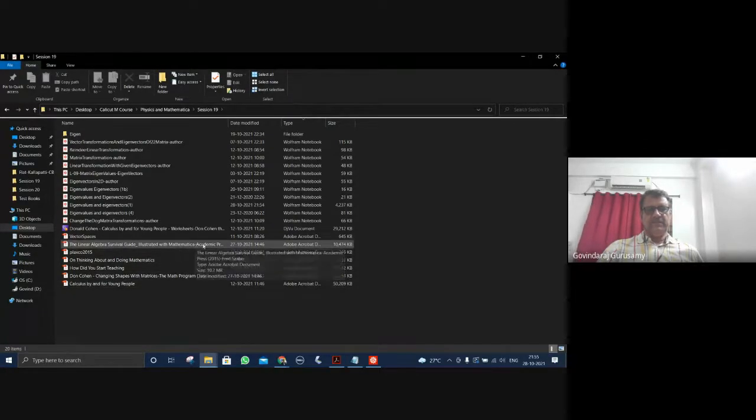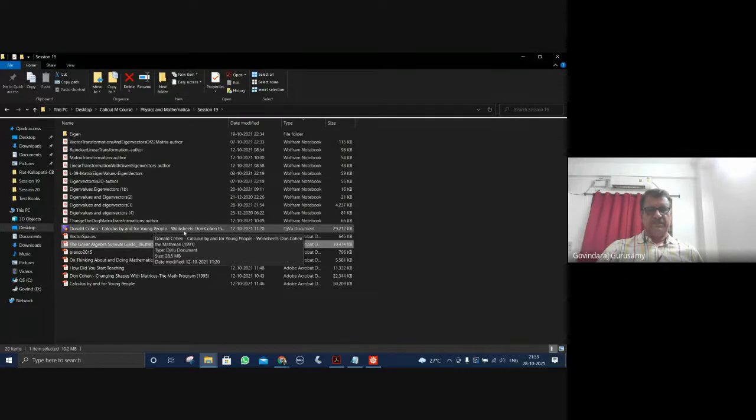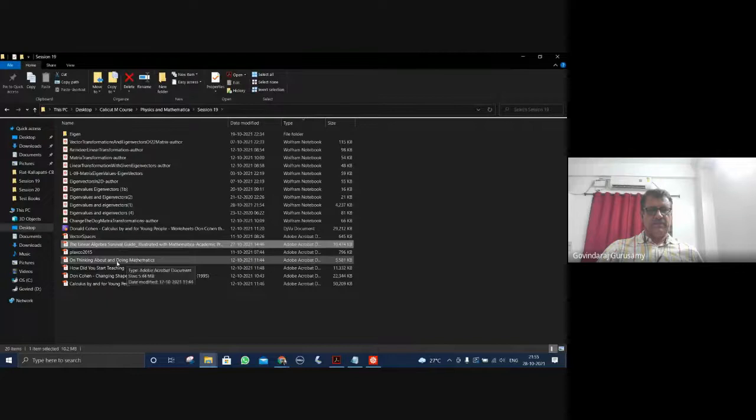This is another interesting book. These two are interesting. This and another book by one more author, maybe this. Vector space, thinking about doing mathematics, shapes and this thing, calculus for youngsters. Two books I think I have right now. I'll send it. It will be useful.